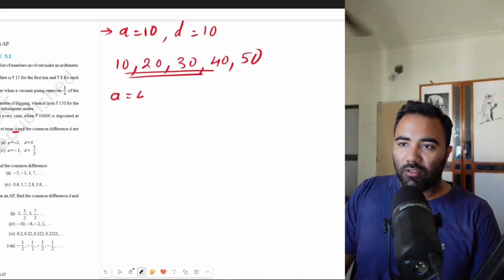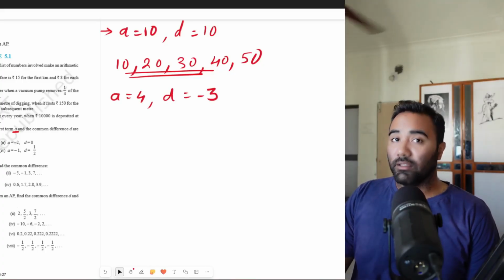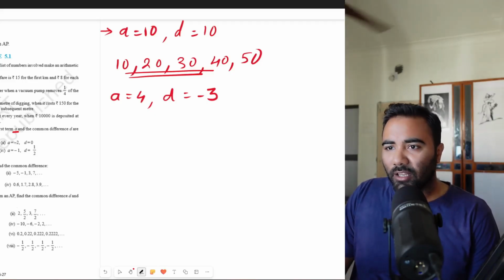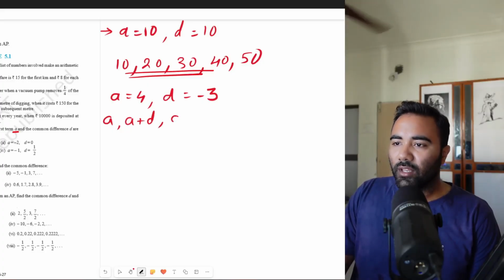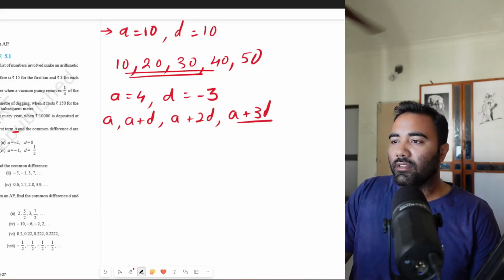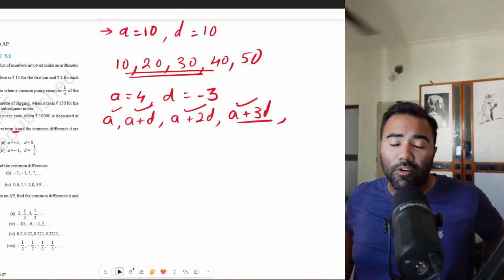So A given is 4 and the common difference given is -3. Let me tell you how this works. For any general arithmetic progression, it is A, A plus D, A plus 2D, A plus 3D. I think these are the formulas we will use when we solve word problems in this chapter.